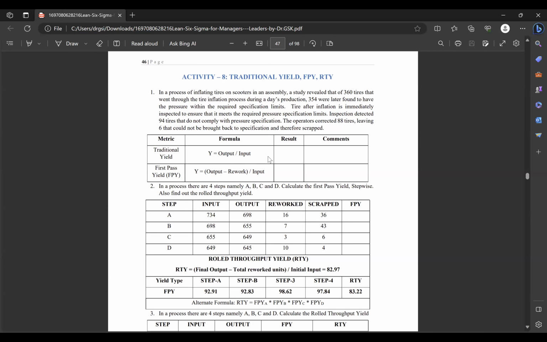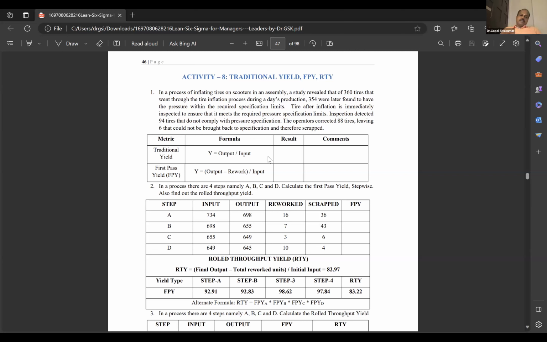Whatever is the number you are getting, that is the traditional yield. Tell me how much it is. 98.33. Very good. 0.98. In terms of percentage, it is 98.36 or something. All of you are with me? You got the answer?